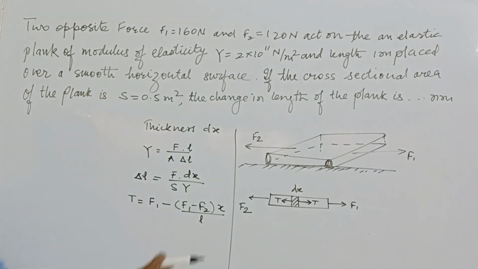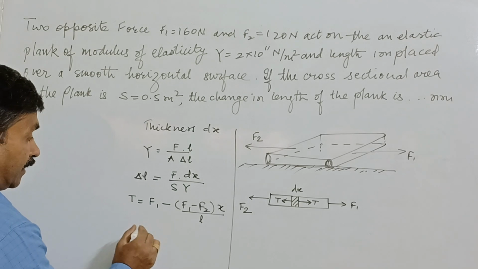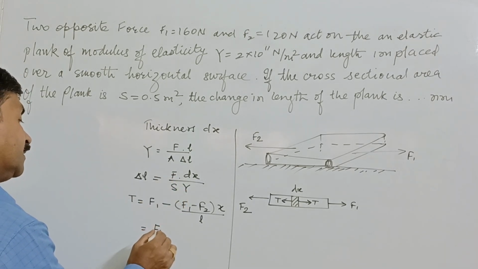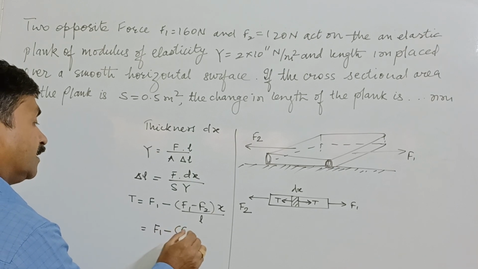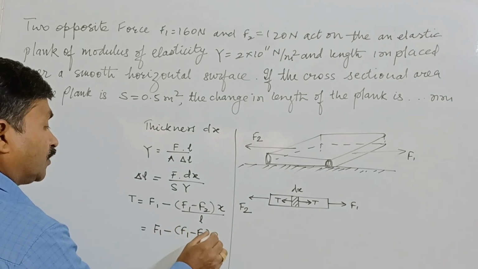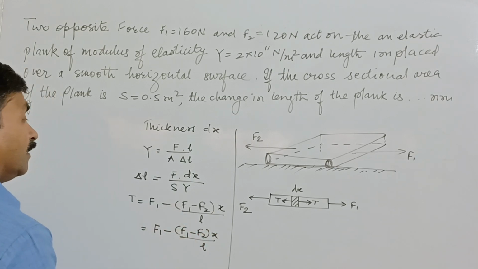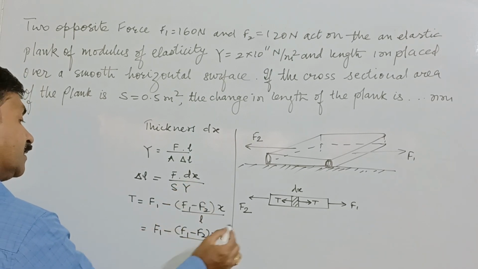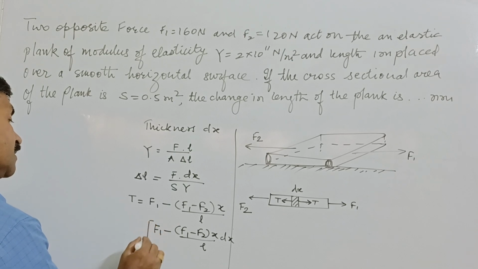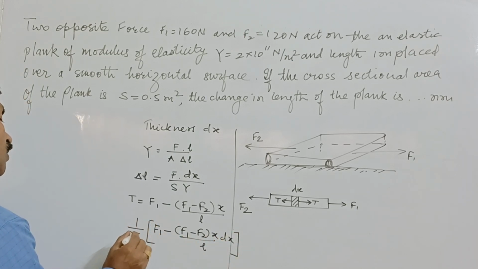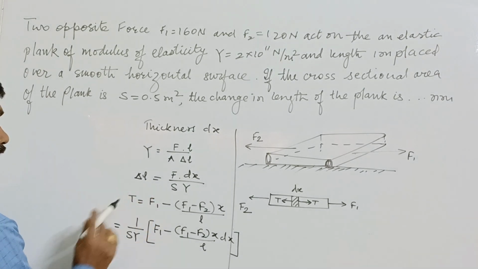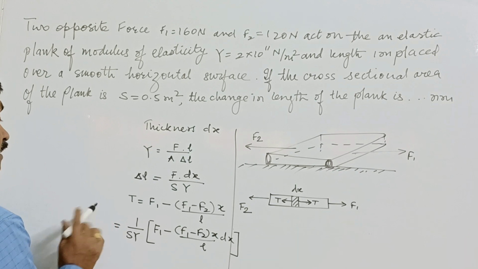So if we substitute this value in here, we'll have F1 minus F1 minus F2 into x upon L into dx, and we can put it like this: 1 upon S into Y into delta L. Here we can take the change in length, that is dl.